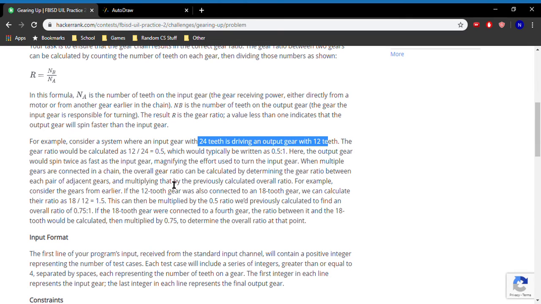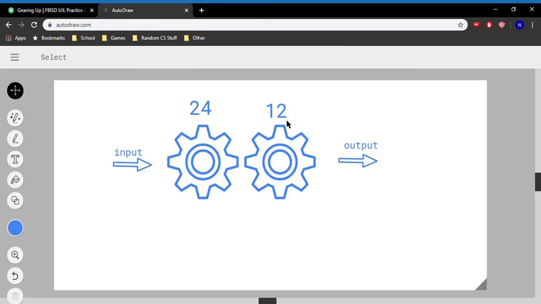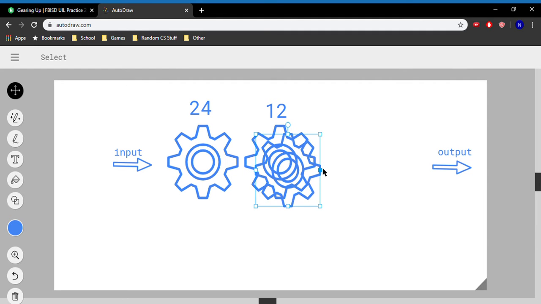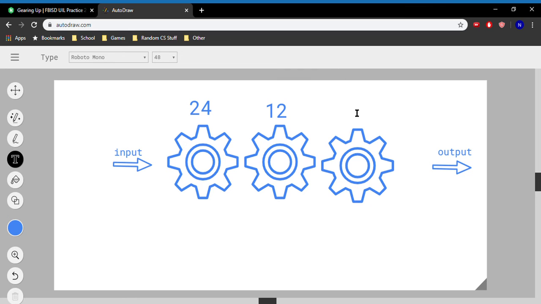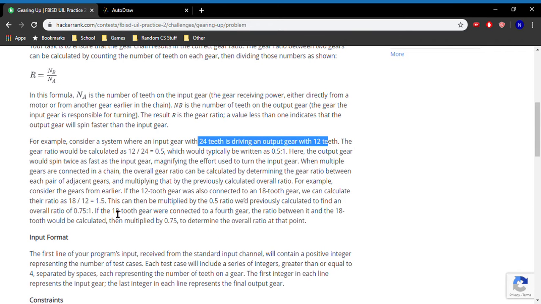It says you can just calculate multiple gears by multiplying the overall gear ratio with each pair. So if we were to add another gear to this gear chain, if we add one more, and I think they say 18 in the example. Yep, 18.